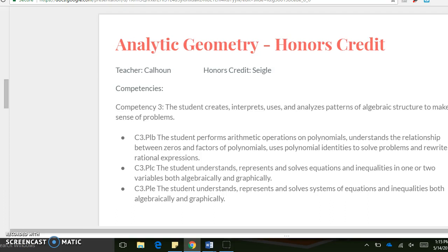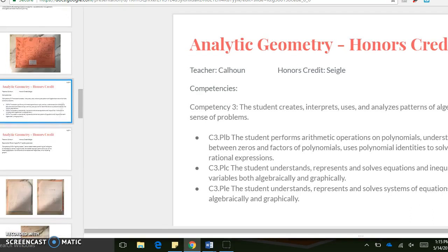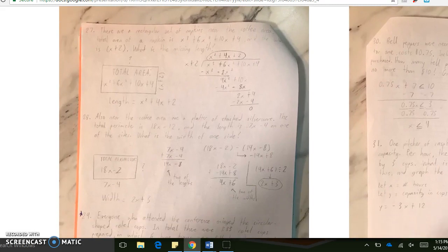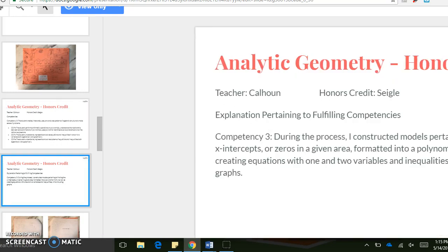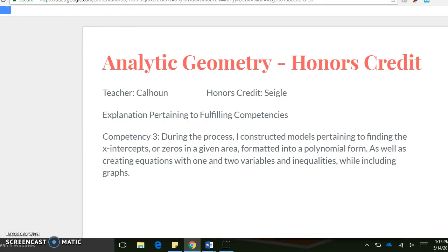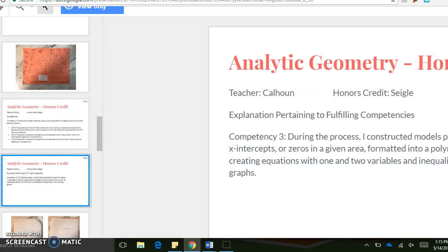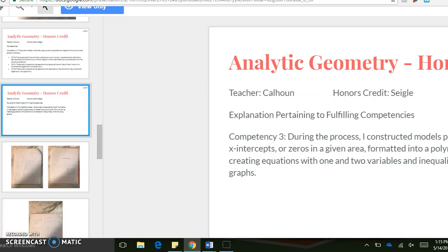She shows an example of how she does that and explains how she used her event planning to do that and did some math problems here. So she shows pretty much all of these competencies in her evidence of work.